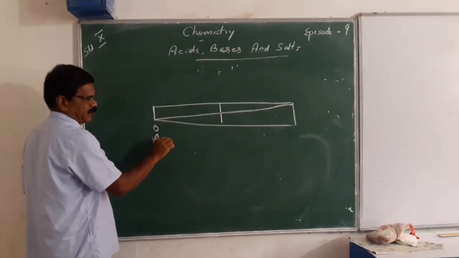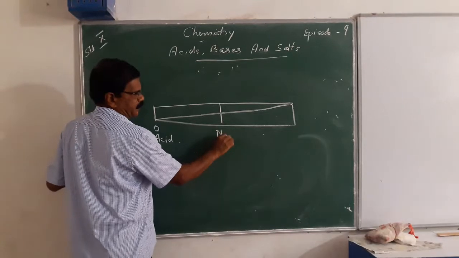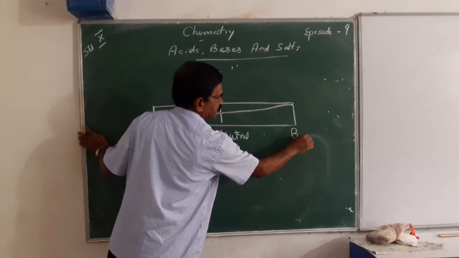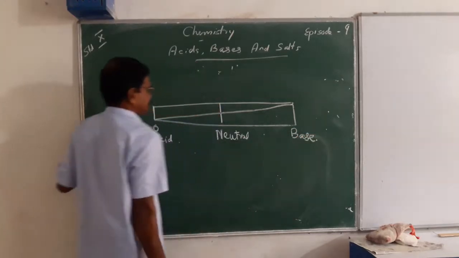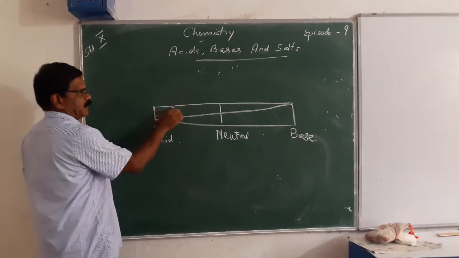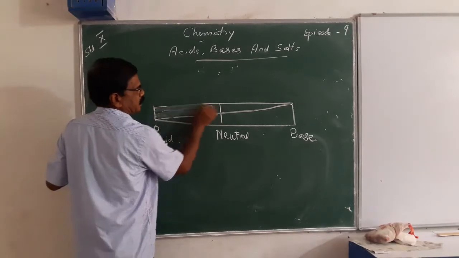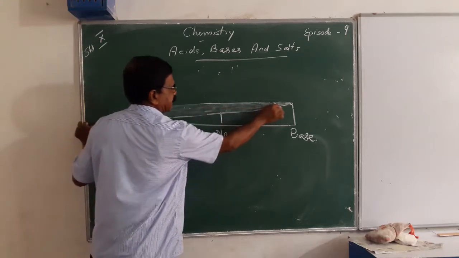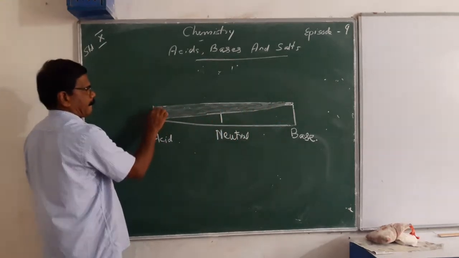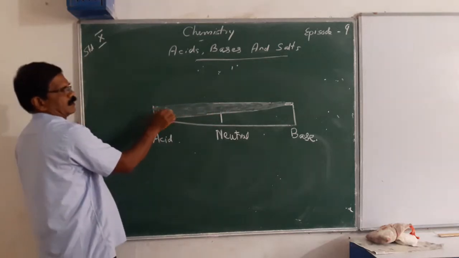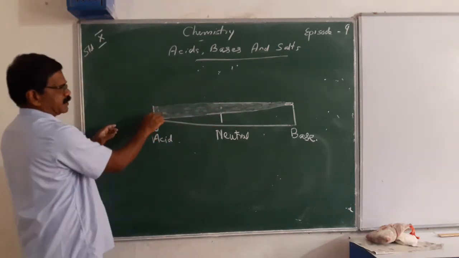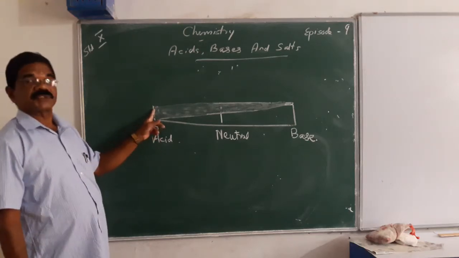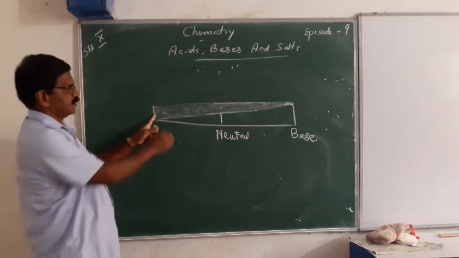This is strong acid, this is neutral, this is strong base. The shaded color shows the hydrogen ion concentration. Here it is only hydrogen. It is a strong acid.